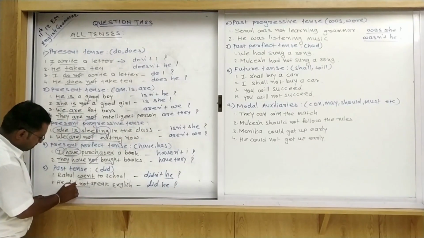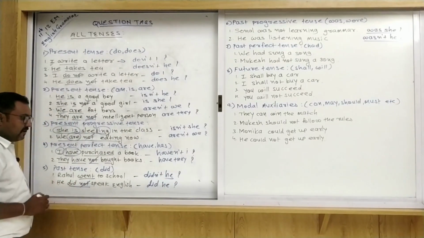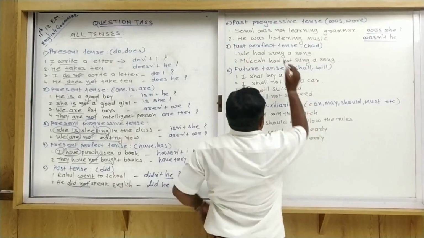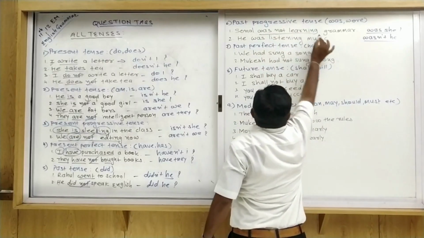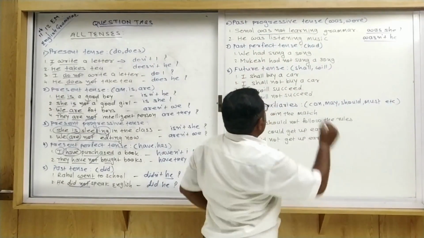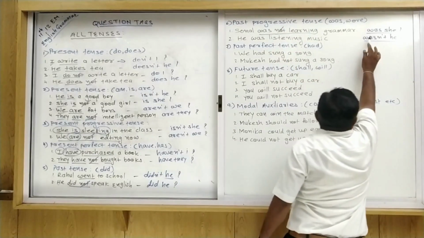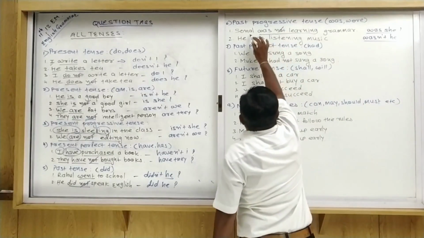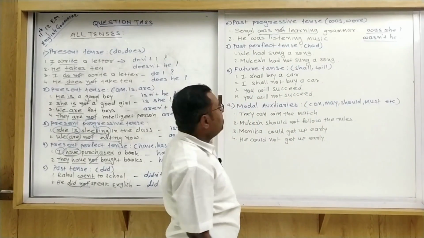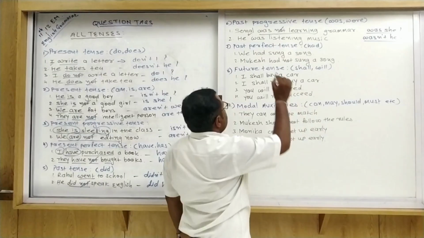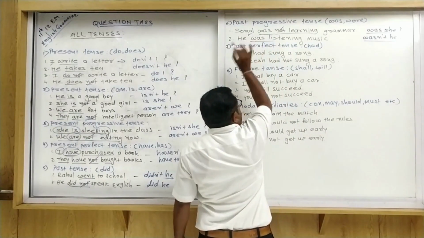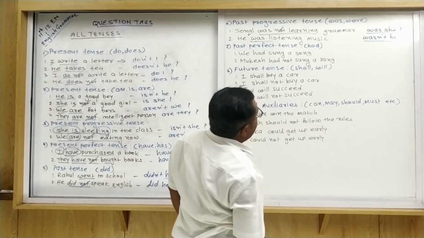He did not. So remove not. Did he? Next. Sonal was not learning. Was not. So remove not. Write was she. Remove the subject and use the pronoun. He was listening to music. So was, wasn't he?